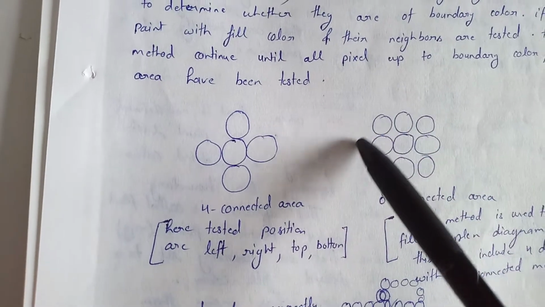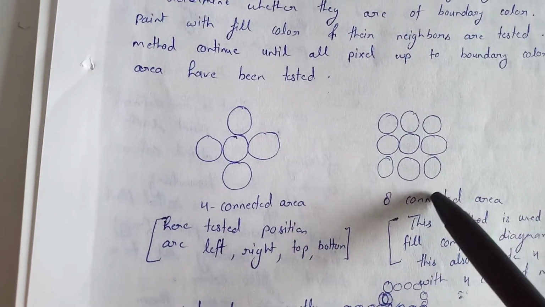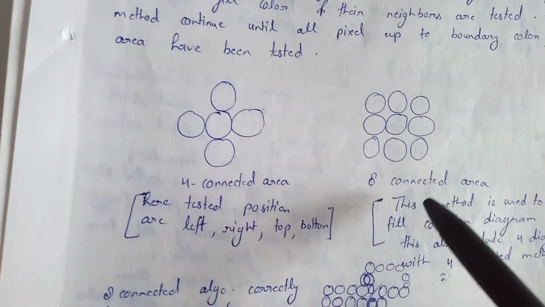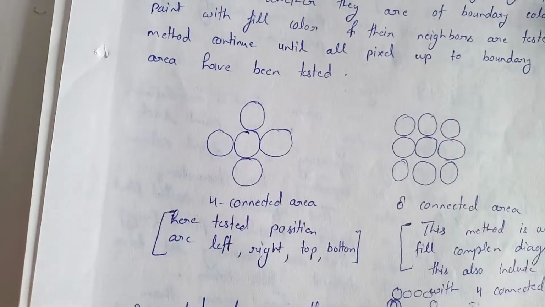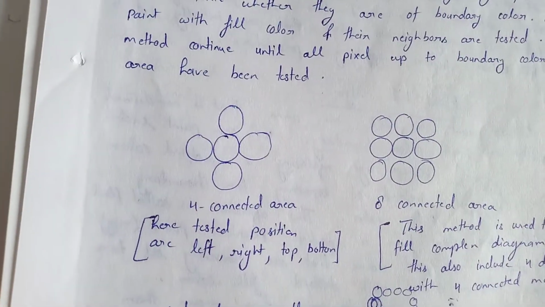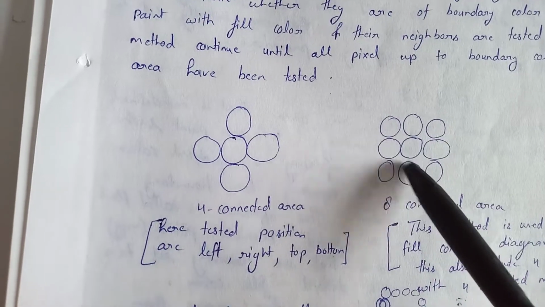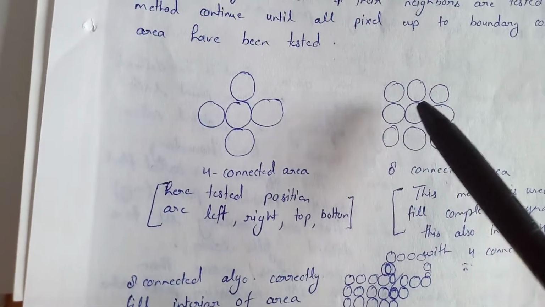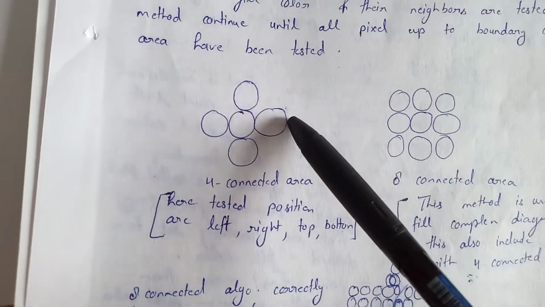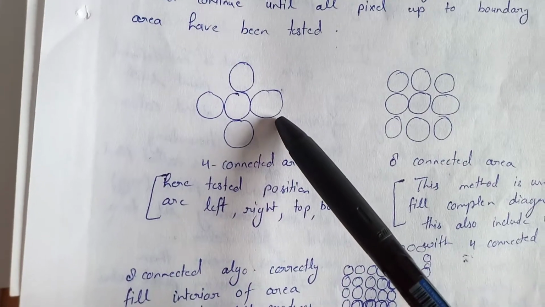Each and every time this concept is not needed, but in case of a complex object we have to use the 8 connected area concept. In case of 8 connected area, we have to check the left, right, bottom, top as well as the diagonal points too. Because in case of a complex object, we cannot fill our object on behalf of only these connected points.